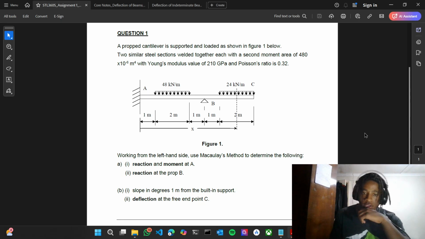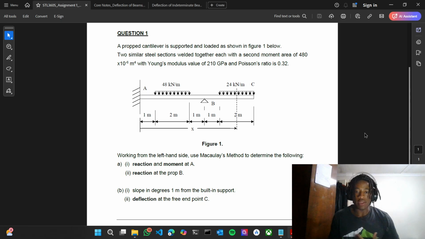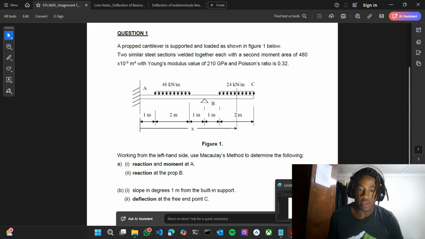Okay, so question A asks us to find the reaction and moment at A, and we take our reference from the left side onwards. And so to answer any question, we first have to establish our bending moment equation, right?